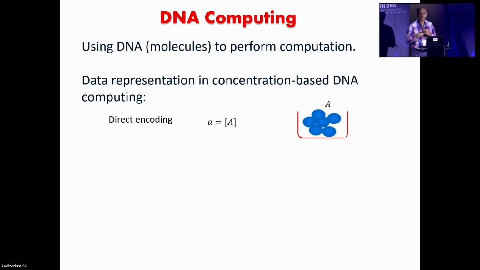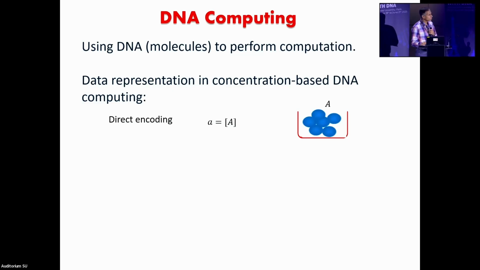For example, we can have different types of representations. For example, we can have direct encoding, in which we use only one molecular type, and the value of the variable that we want to represent is proportional to the concentration of that molecular type.